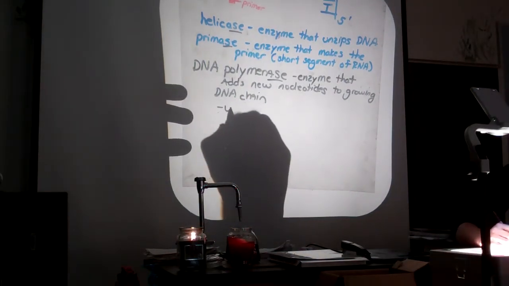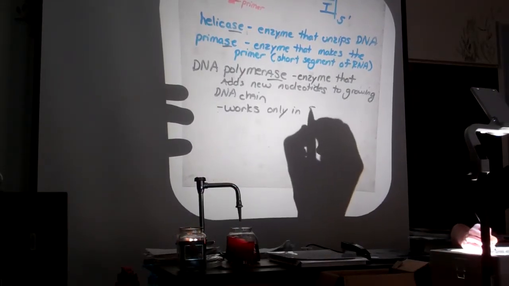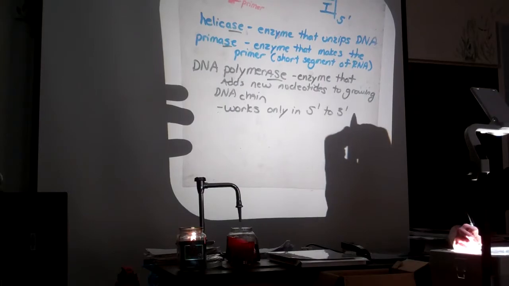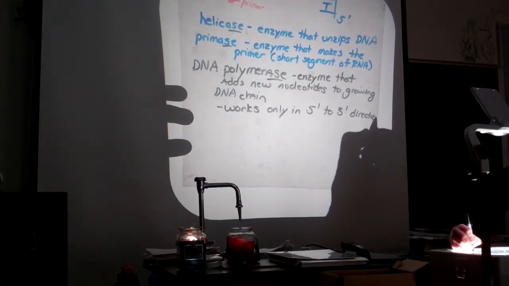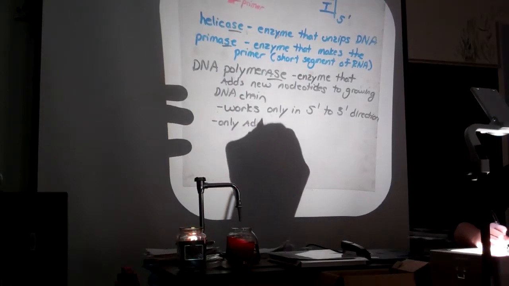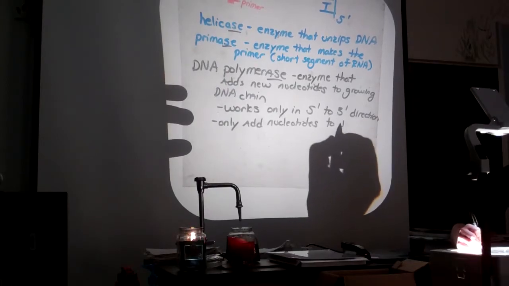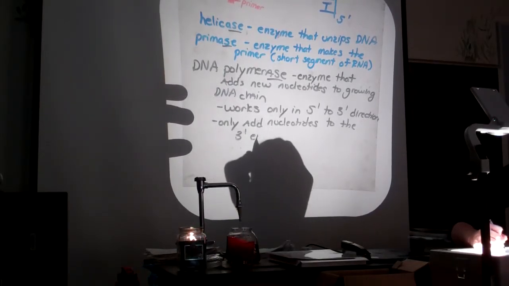Here's the catch. This enzyme is picky. It works only in the 5' to 3' direction. Another way of saying that is that it will only add nucleotides to the 3' end.